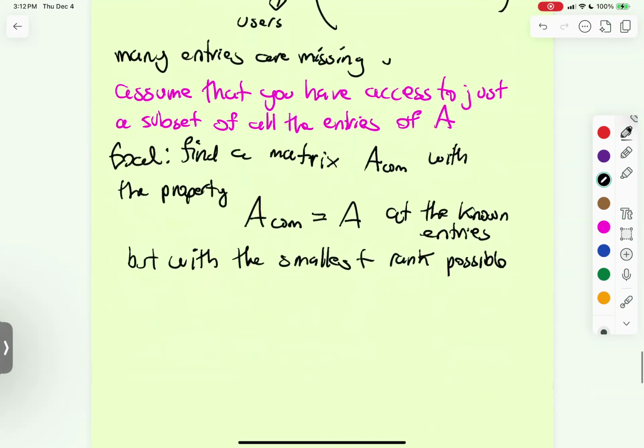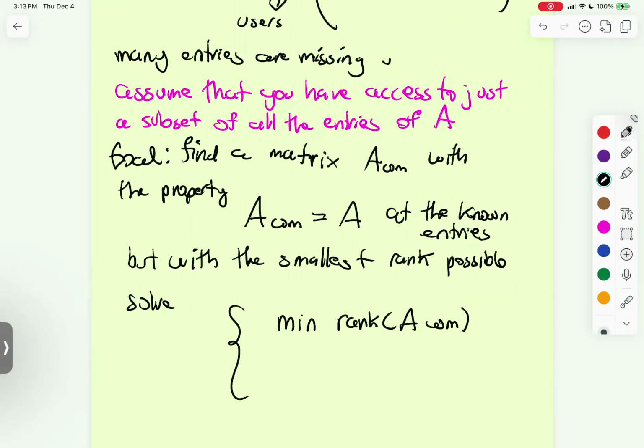So basically you're trying to solve a problem like this. You're trying to minimize the rank function of the completion matrix, subject to a constraint. The constraint is the agreement with the entries that are known.